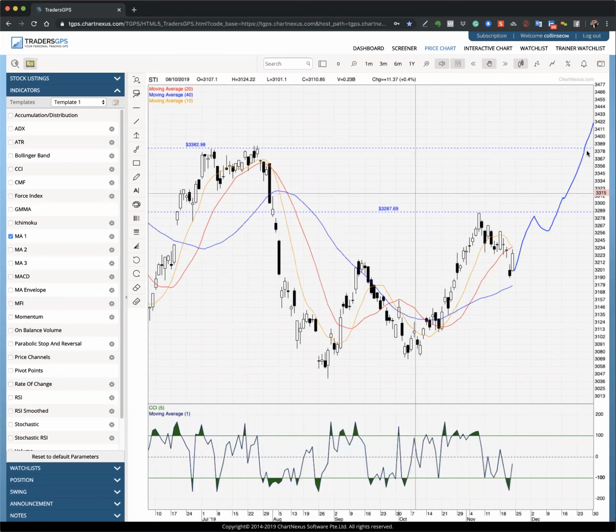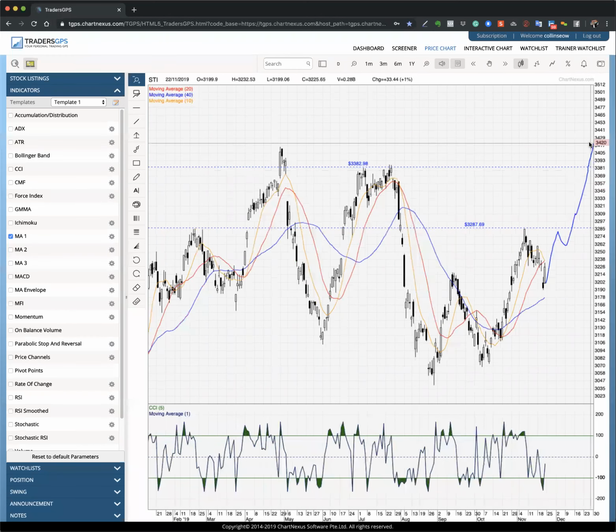Right now it's still in that consolidating mode.